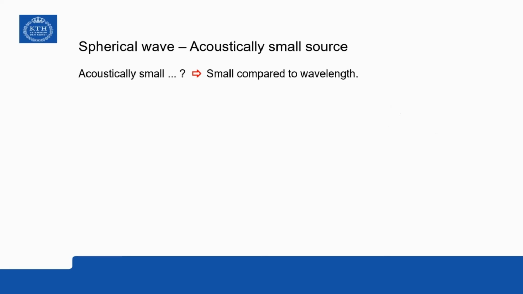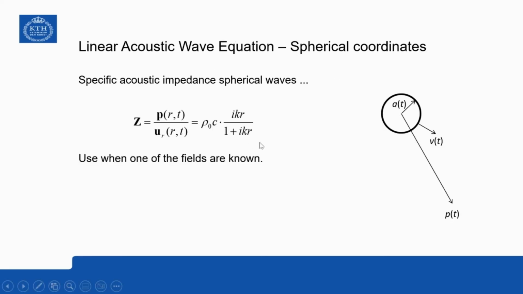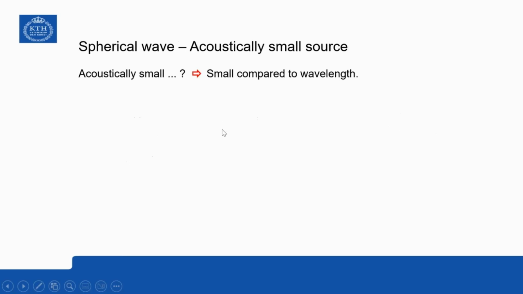Okay, now we should specialize this. What happens if the radius here, a0, becomes small, acoustically small, that is small compared to an acoustic wavelength? Well, as you can see here, if r is equal to a0, then you can simplify this impedance here, and that is what we are going to do.